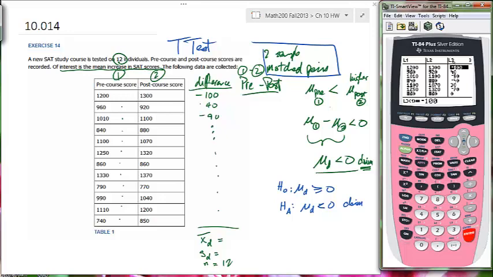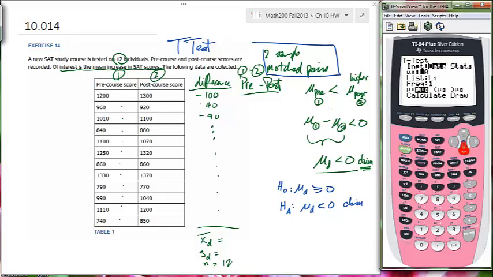So I have my L3 list that I'm going to do my t-test on. So I'm going to go back to stat, and number 2 is a t-test. And I have data inputted in, so I'm going to select data.